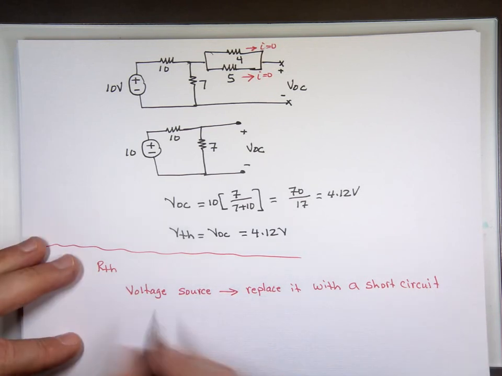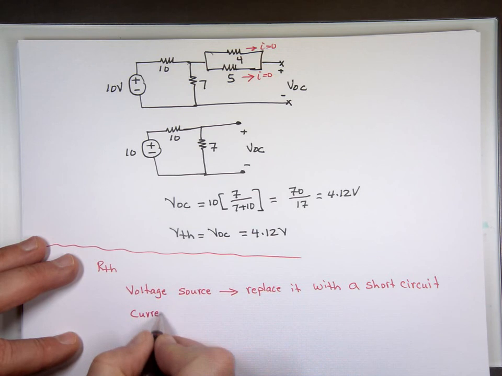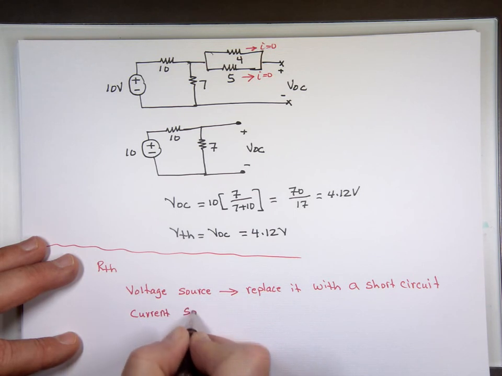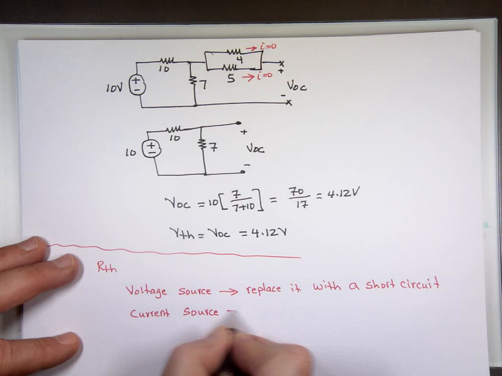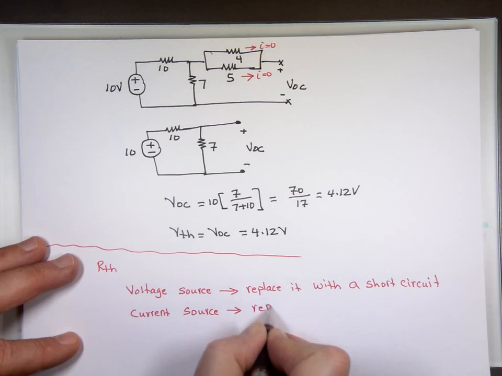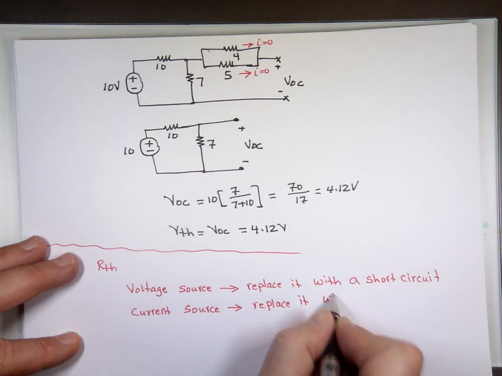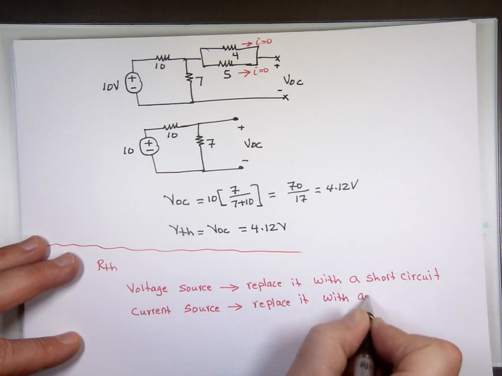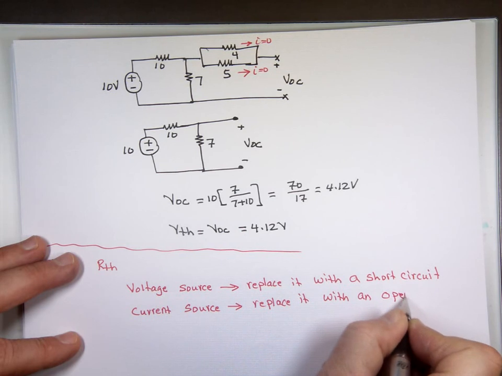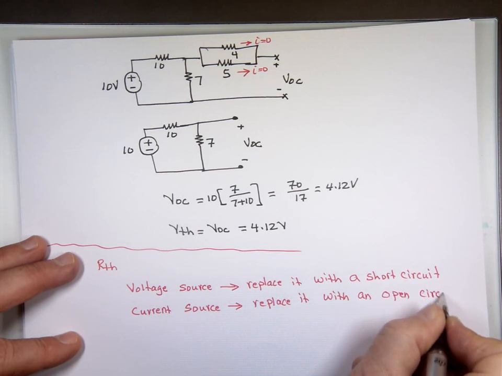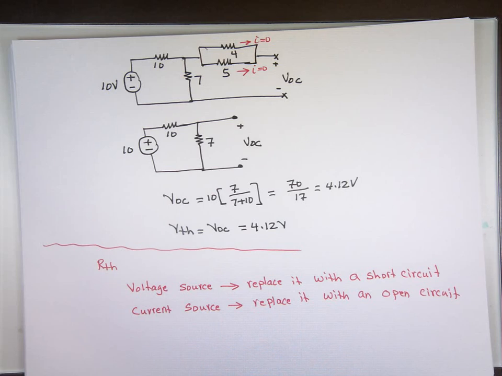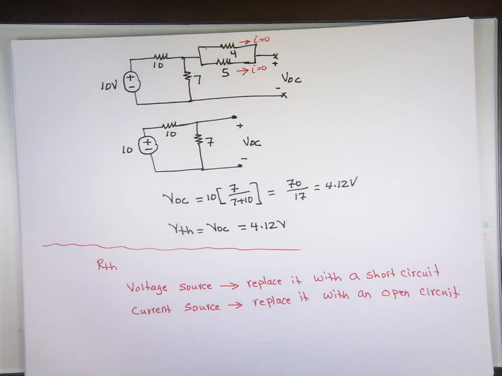And if you have a current source, we need to replace it with an open circuit. Again, you only want to do that if you don't have a dependent source. If you have a dependent source, we've got a different story here.